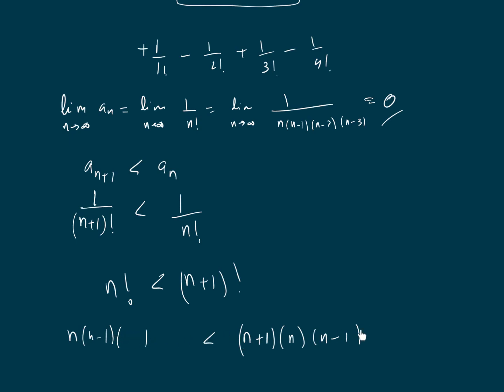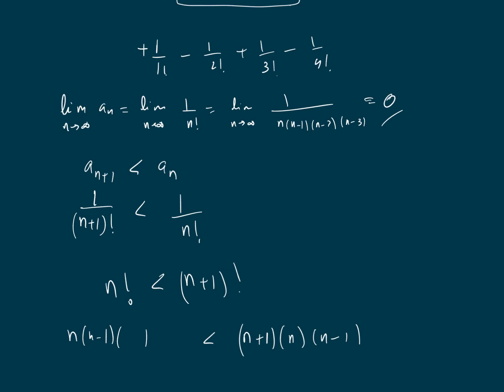So this inequality is true because the right side is always bigger than the left side. So n factorial is smaller than n plus 1 factorial, or 1 divided by n plus 1 factorial is smaller than 1 divided by n factorial, or a sub n plus 1 is smaller than a sub n.